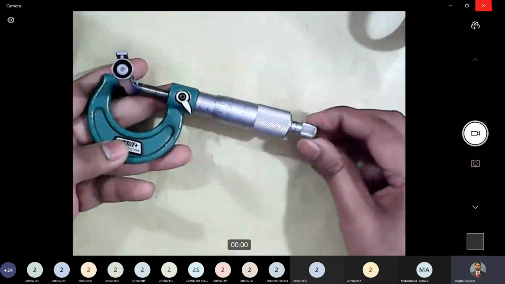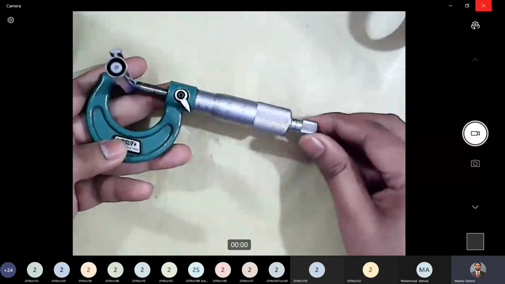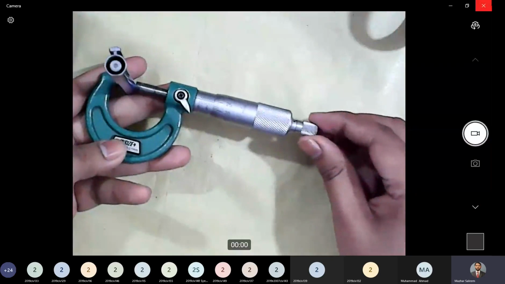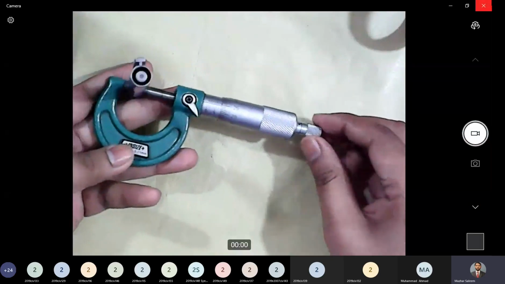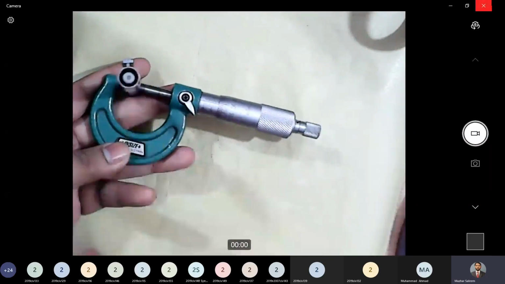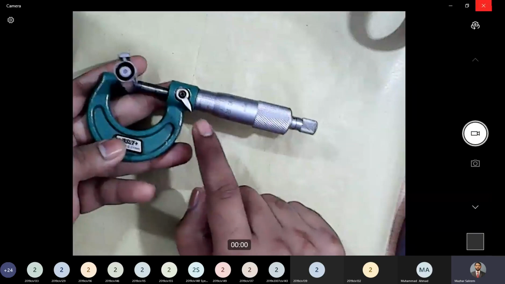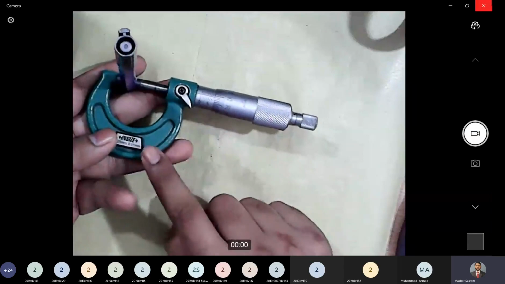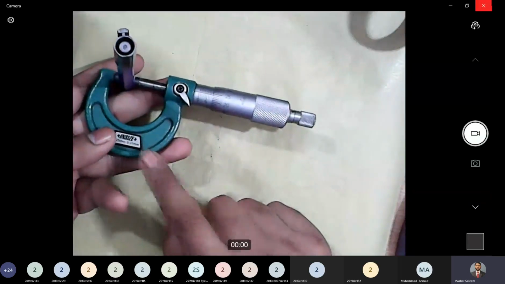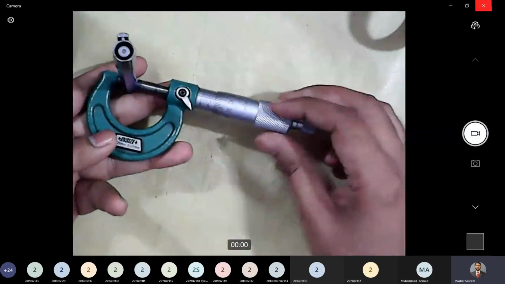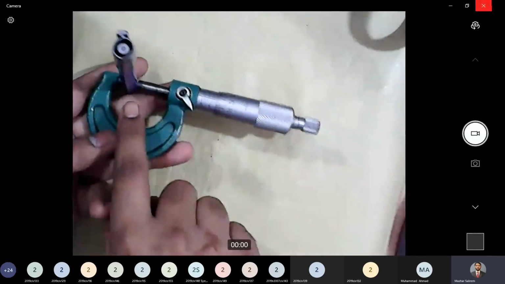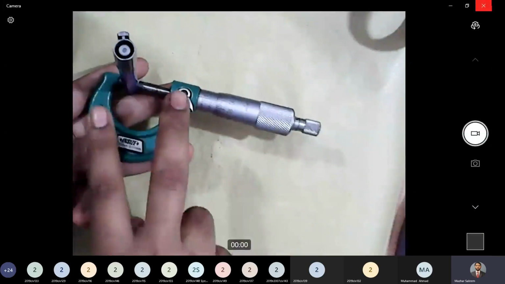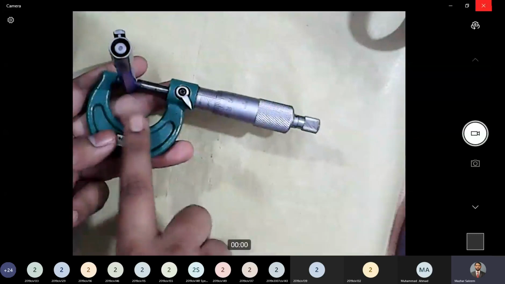What is the purpose of this screw ratchet? It is used to control the compression that we want to apply on this object, because this instrument is very precise. It can measure up to 100th part of a millimeter. So if we apply excessive pressure, that may result in slight compression of the object if the object is a bit flexible, and that will affect the measurement.